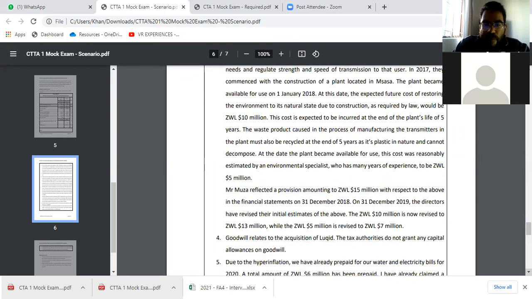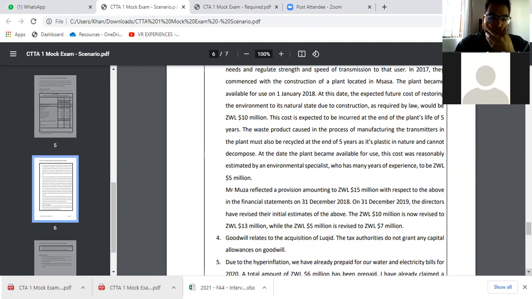Mr. Musa reflected a provision amounting to 15 million with respect to the above in the financial statements on 31 December 2018. On 31 December 2019, the directors have revised the initial estimates of the above. The 10 million is now revised to 13 million, while the 5 million is now revised to 7 million.